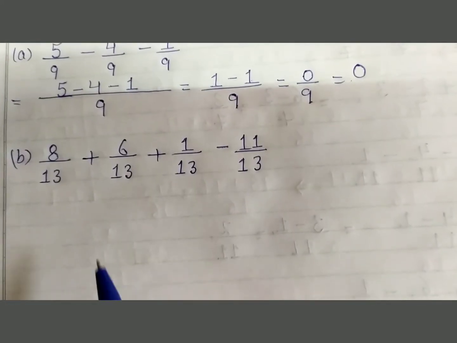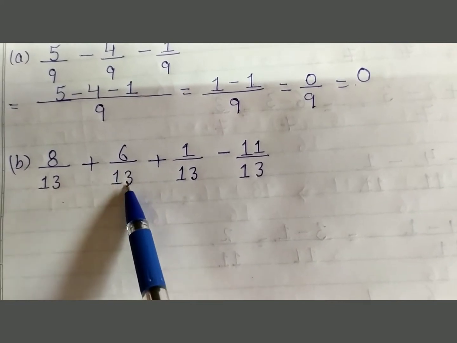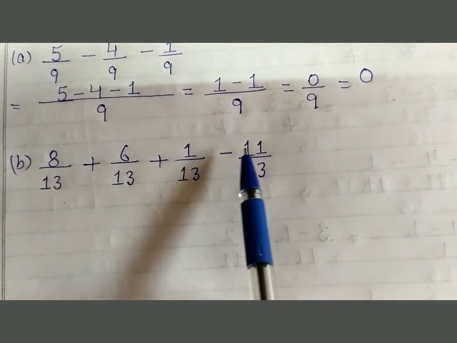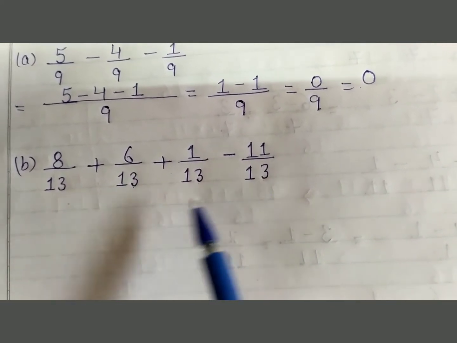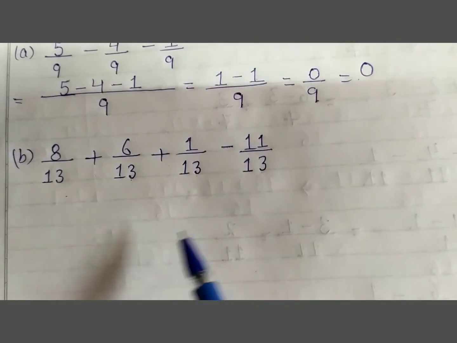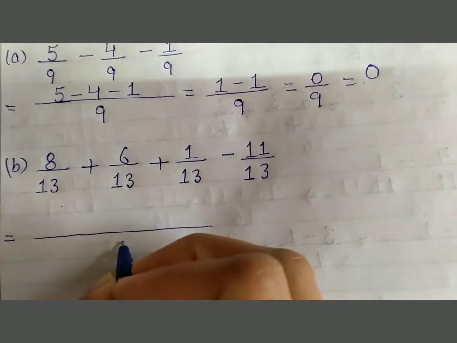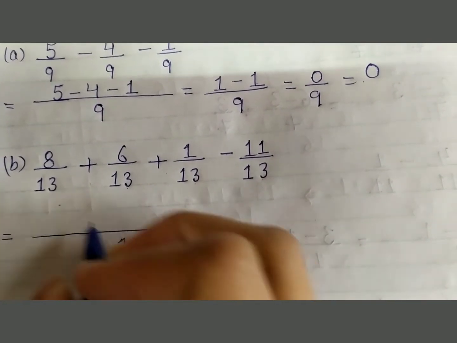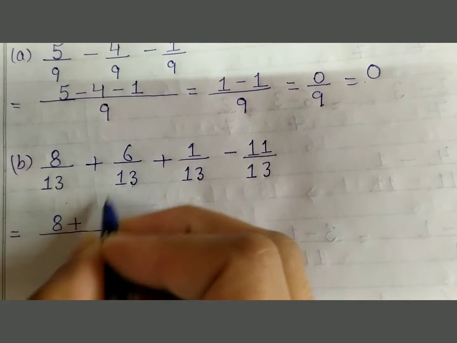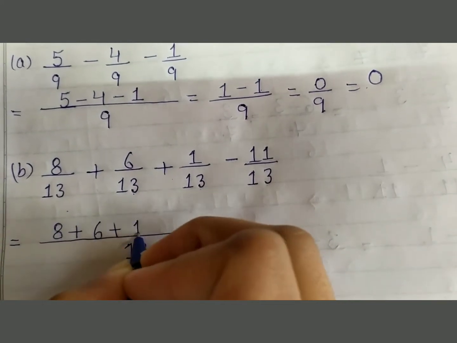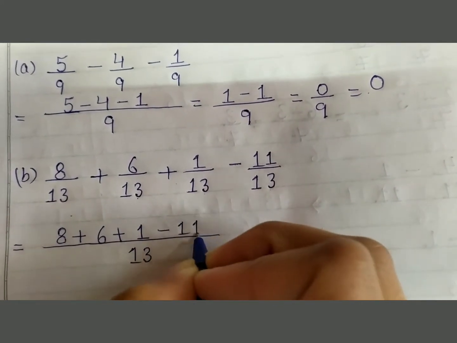Next question is 8 upon 13 plus 6 upon 13 plus 1 upon 13 minus 11 upon 13. Children, the denominator is the same, that is 13. Write 13 as it is in the denominator. Okay, 8 plus 6 plus 1 minus 11.